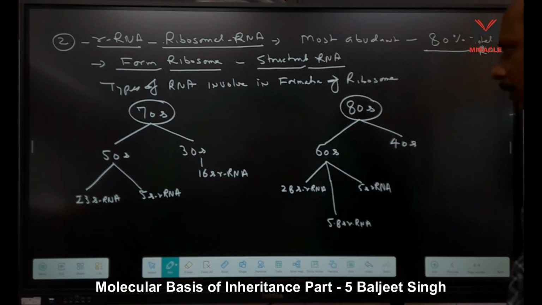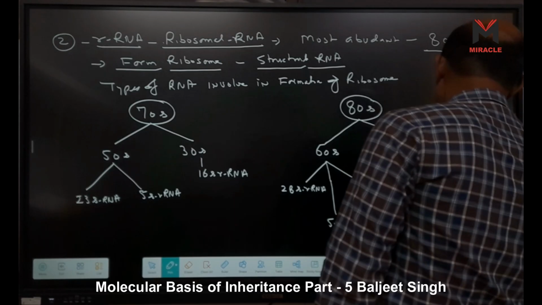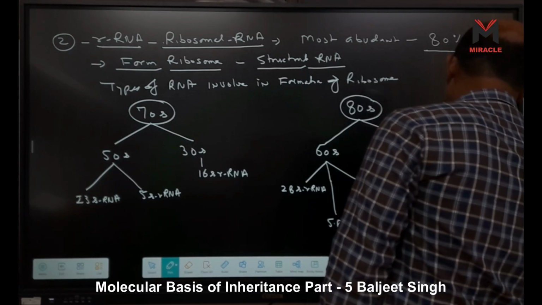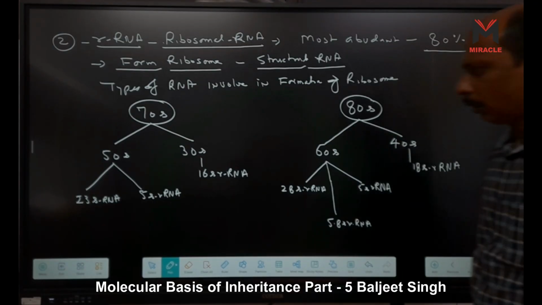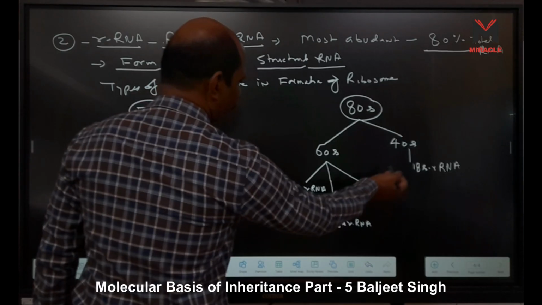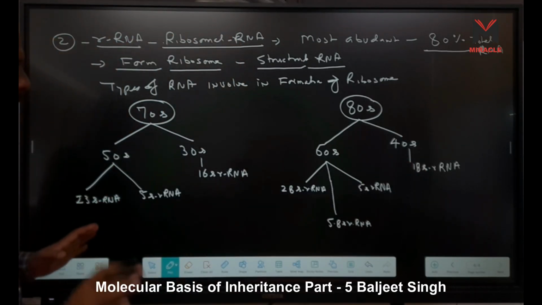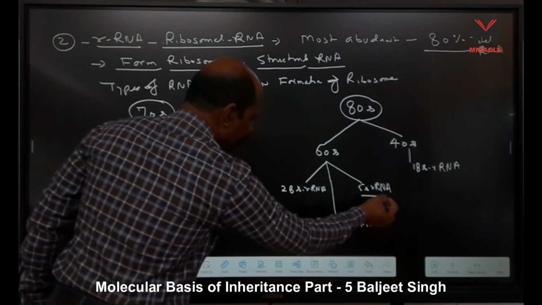Three types. 40S is made up of 18S ribosomal RNA. Actually, these 23, 5, 16, 28, 5.8, 5 and 18, when we consider in total, one thing is common: 5S is present in prokaryotes and 5S is present in eukaryotes.